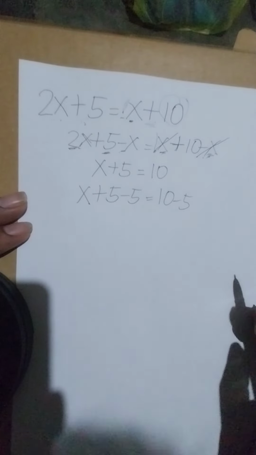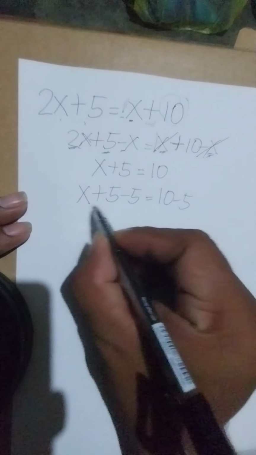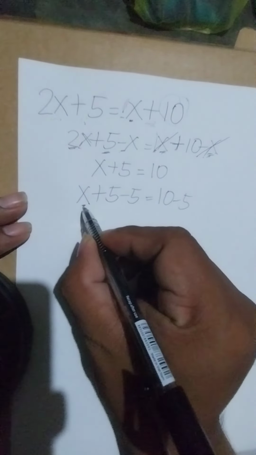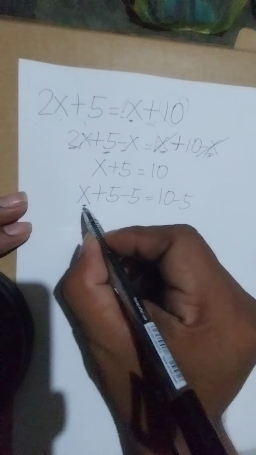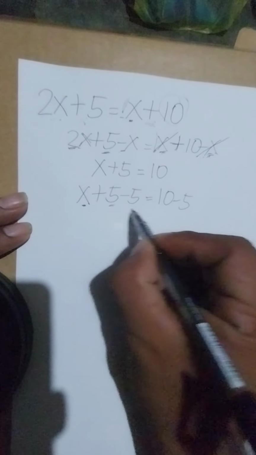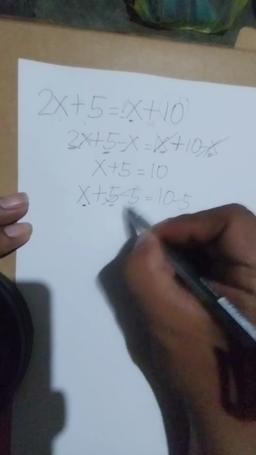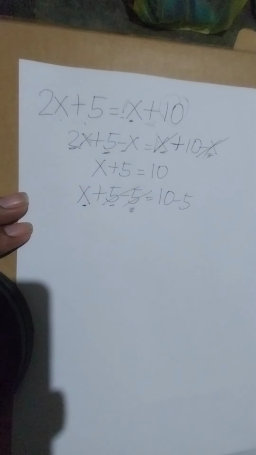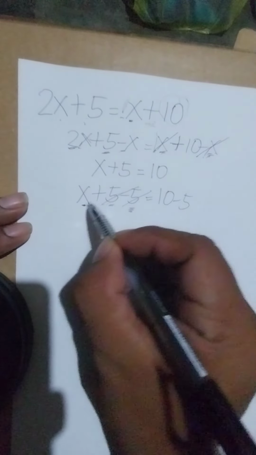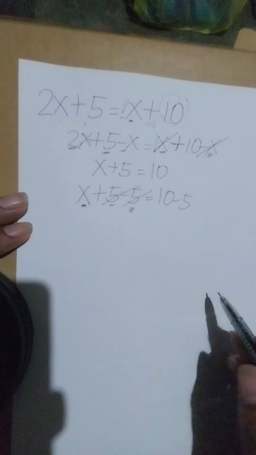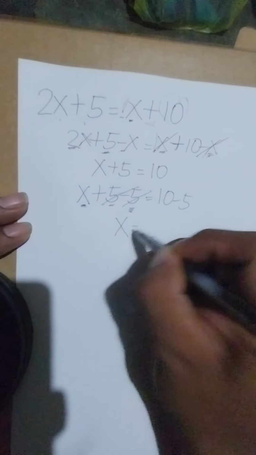Okay? So ngayon, since dito, we already have x alone here in this one side of the equation. So 5 minus 5, cancel out na siya. Bakit siya i-cancel out? Kasi 5 minus 5, 0. Okay? So 0 na to siya. So maiwan na lang si x alone dito sa kabila. X is equals to.